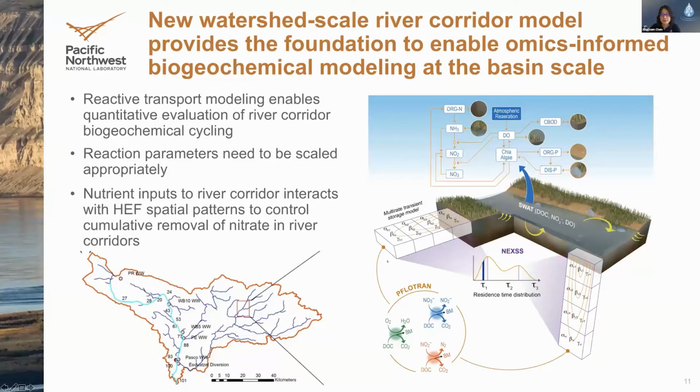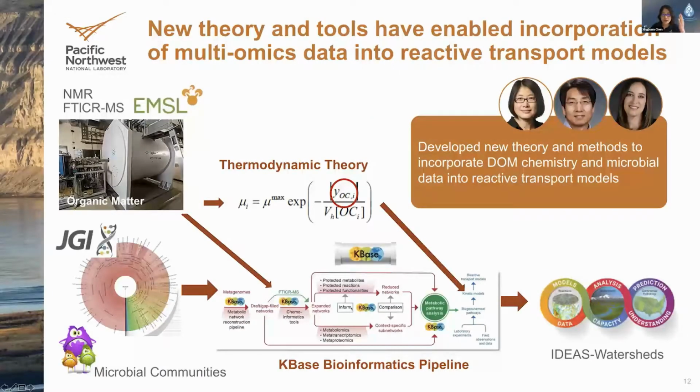So we built this river corridor model that allows us to specify the processes within a unit and link all those units together across the watershed, to quantify what's happening at each place. And then the question is, how do all the theory and tools you have learned from this summer school apply to that scale as well?